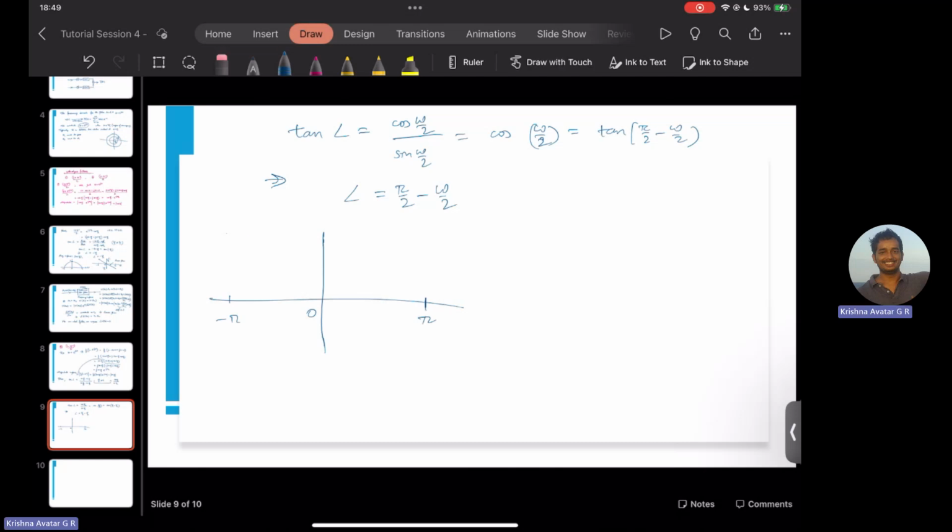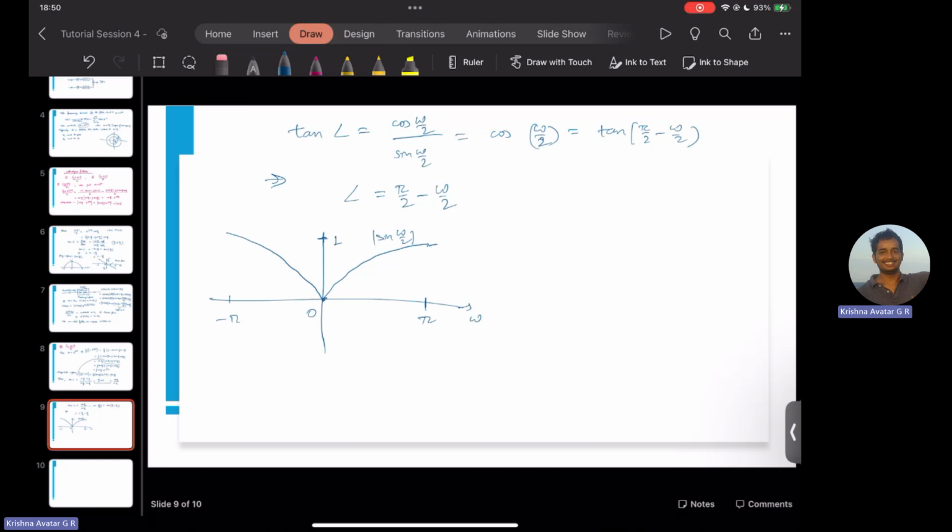So it's something of this sort. And you see that even in the magnitude, which is the magnitude of sine omega by 2, there is some sort of discontinuity, although it's continuous, it's not differentiable at omega equal to 0, right?